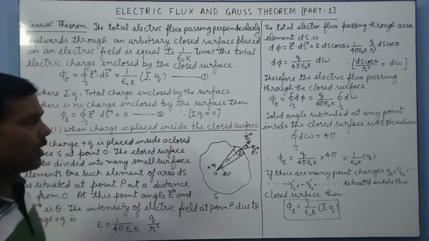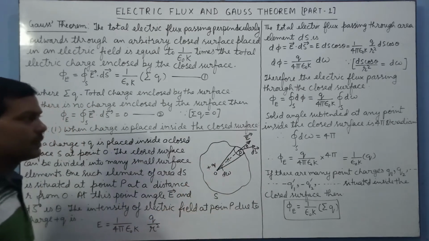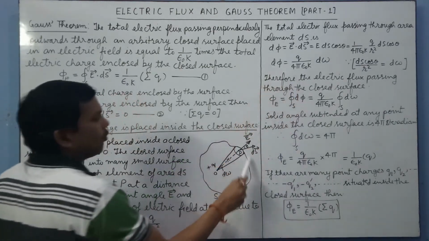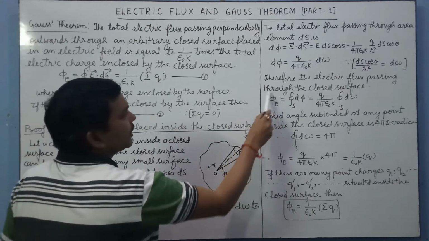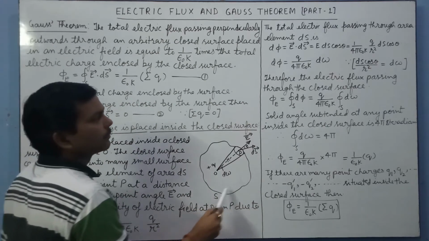Now we want to calculate the electric flux passing through this complete closed surface. So we have to integrate this electric flux over the total surface capital S to get the flux passing through the complete surface.